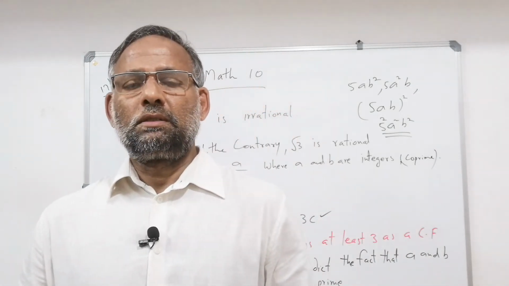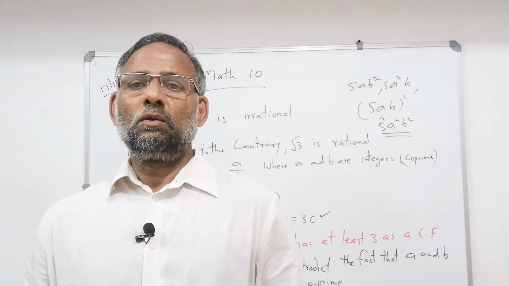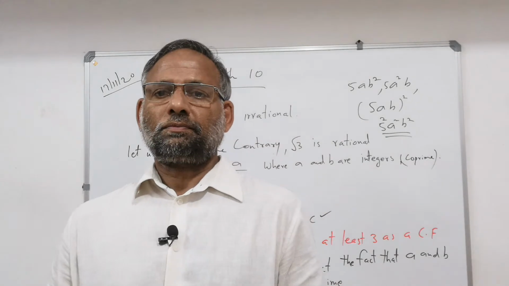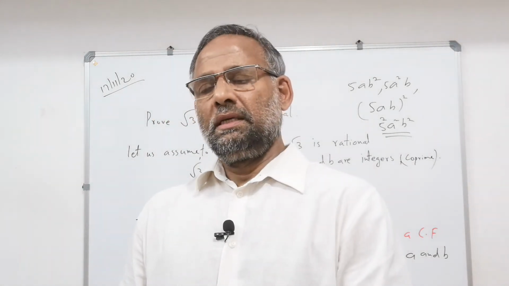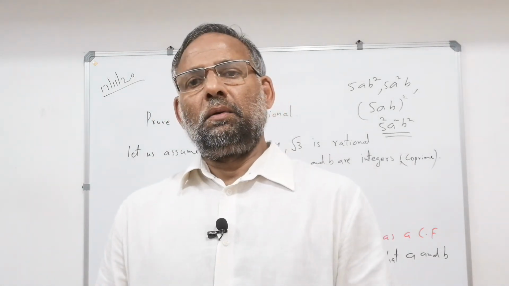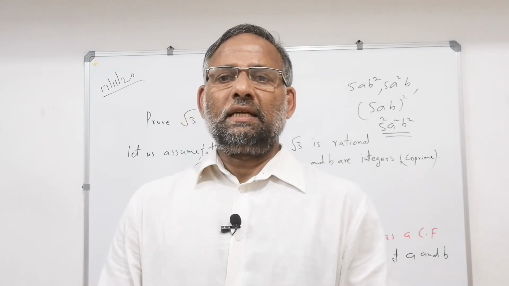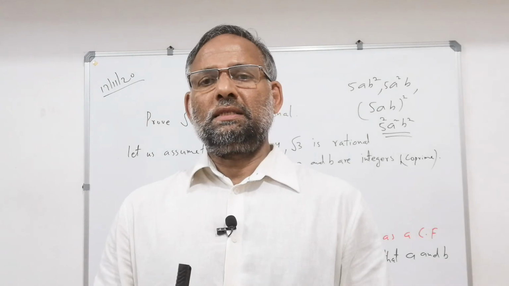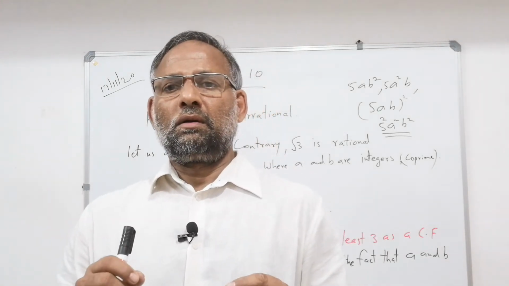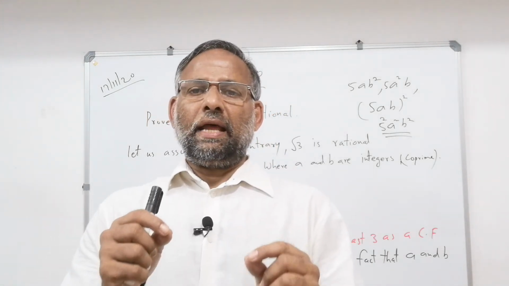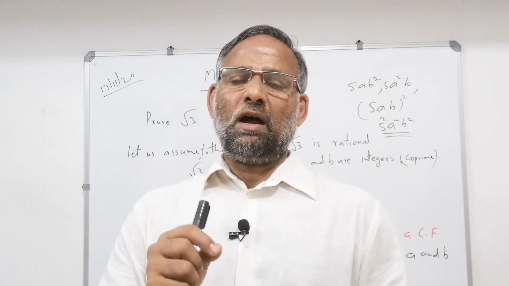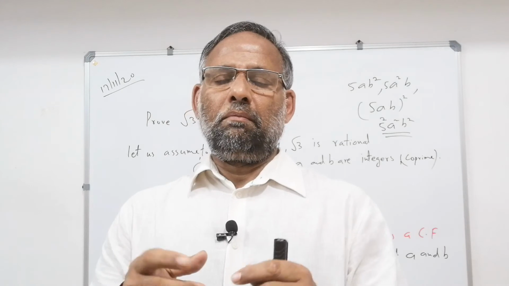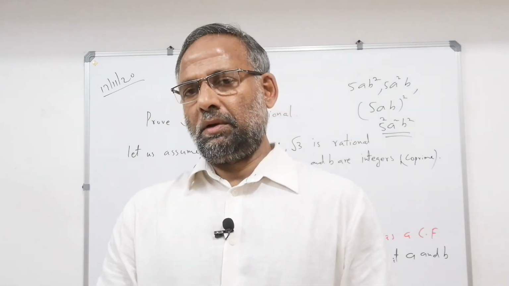Now, suppose we want to prove root 2, root 5, root 7 irrational. The same method we can do. Let it be a rational number. If it is rational, we can express root x, root 5, root 7 as A by B, but A and B are co-prime. That is important.